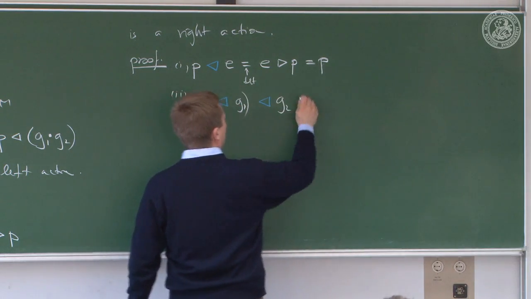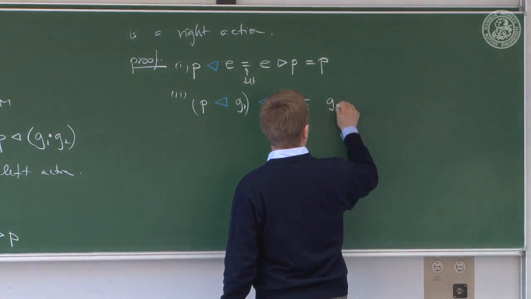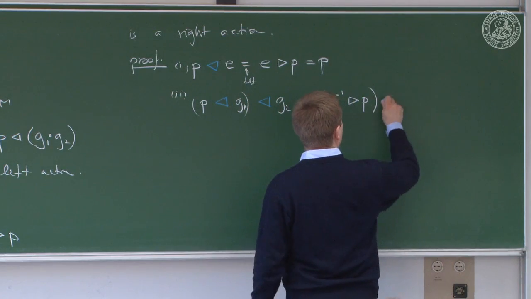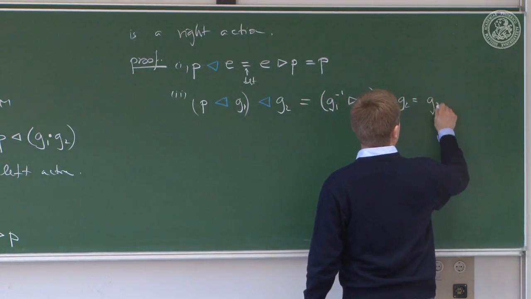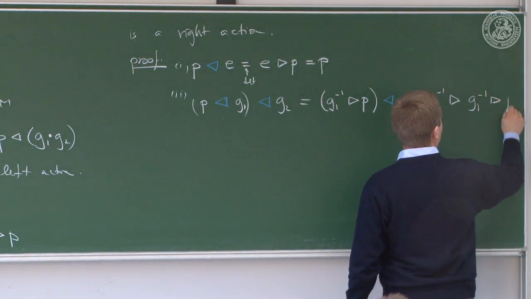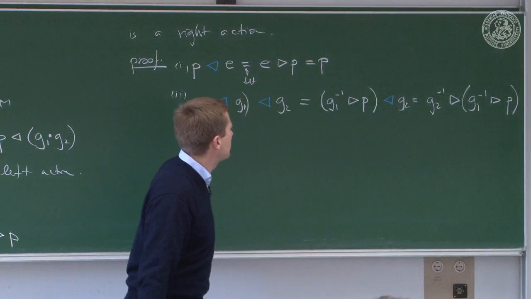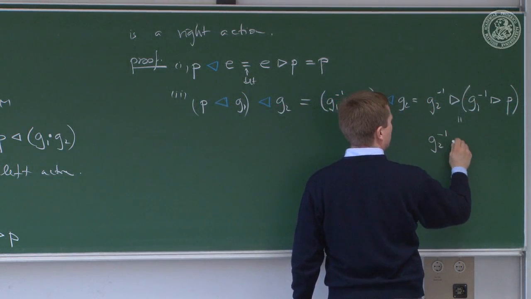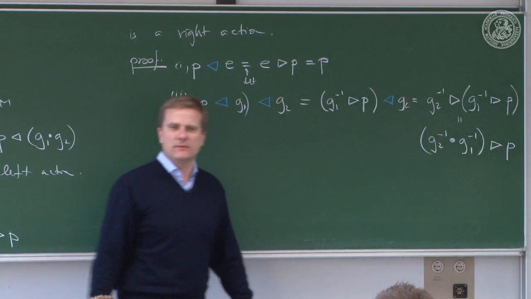And well, we now use the definition, first use the definition in brackets, that's G1 inverse acting from the left on P, and then on this from the right we still have the G2 acting, and that's of course the G2 inverse acting from the left on the G1 inverse acting from the left on P. We have this guy. But of this guy here, we know that G2 inverse blob G1 inverse acting from the left, that this is true because it's a left action.